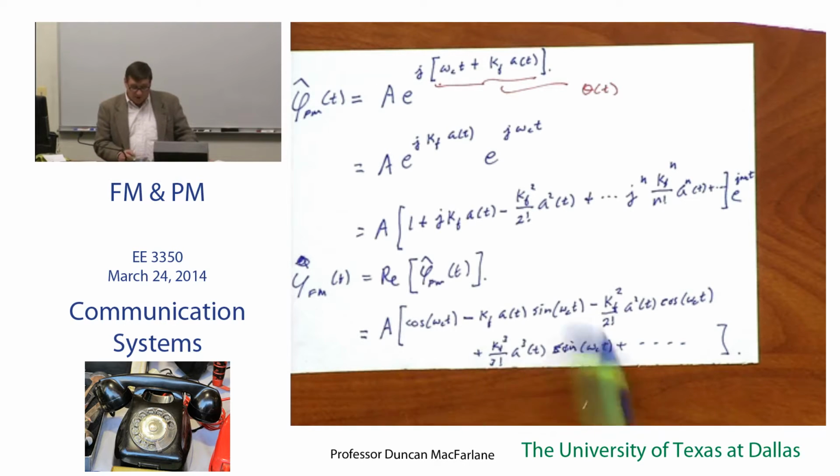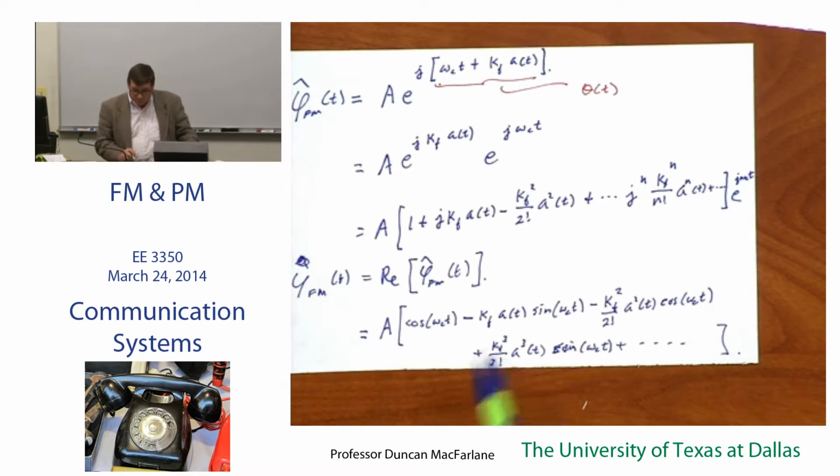So this now almost looks like an AM signal or a summation of AM signals. This looks like a summation of AM signals. One at cosine and one at its quadrature, another one at its cosine, another one of its quadratures. And that's not bad.